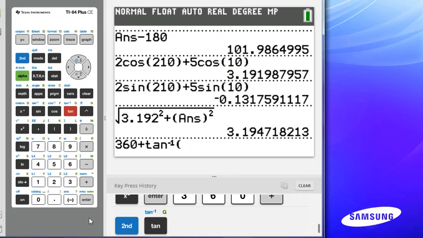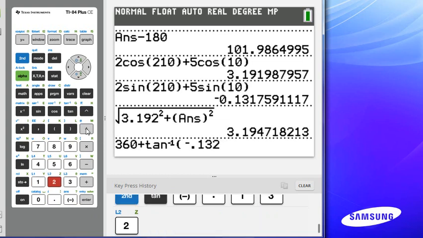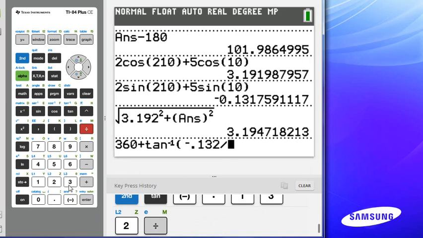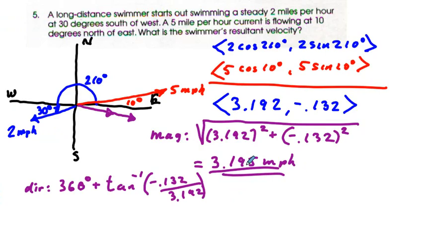So negative 0.132 over, we have our 3.192. I think that's what it is. Let me take a look here. 3.192. Yeah, it is.